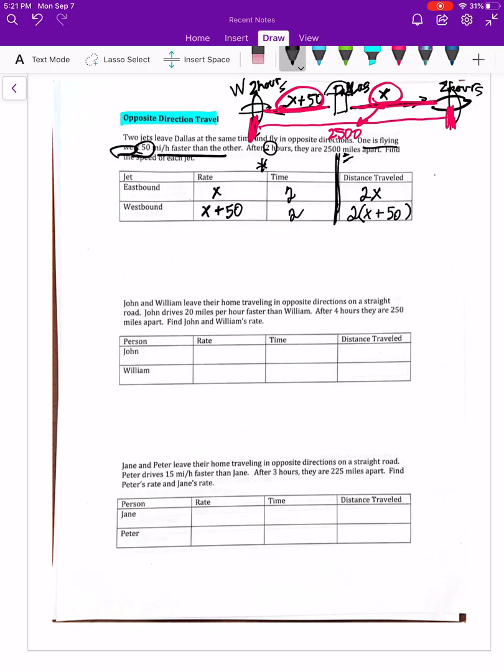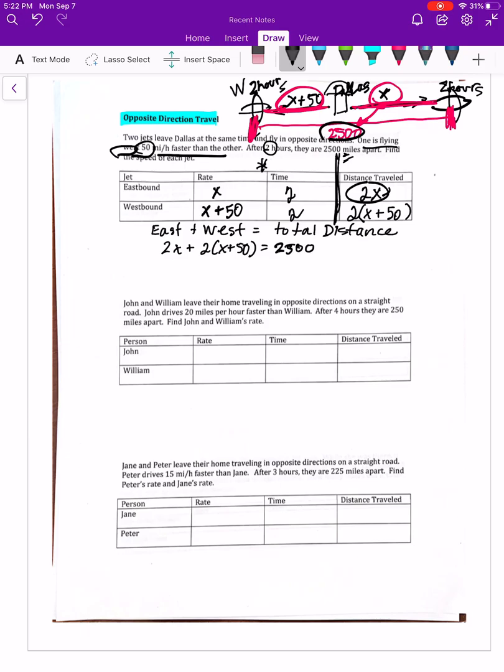So when you write your formula, it's going to look the same. You've got east plus the west equals the total distance. And so the east was right here at 2X. The west is 2 times X plus 50. And the total distance is this 2,500.